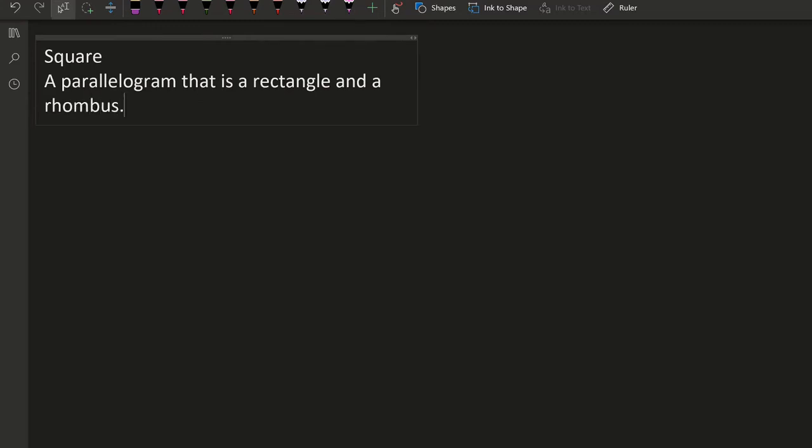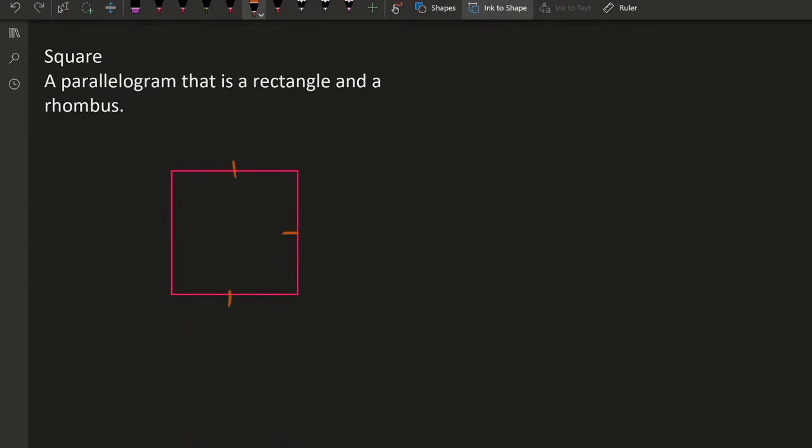So a square is a parallelogram where all four angles are the same and all four sides are the same. So if I draw a square, that means that all four sides are the same and all four angles are the same.